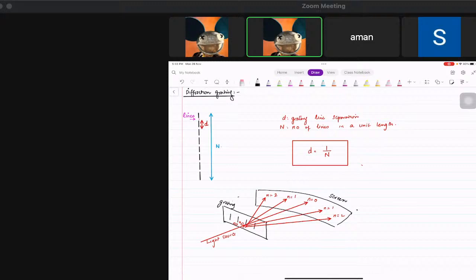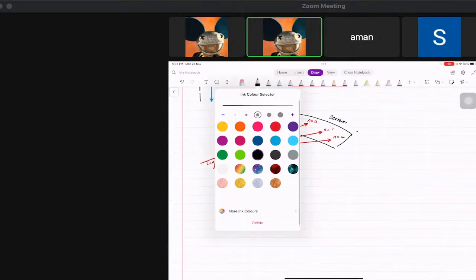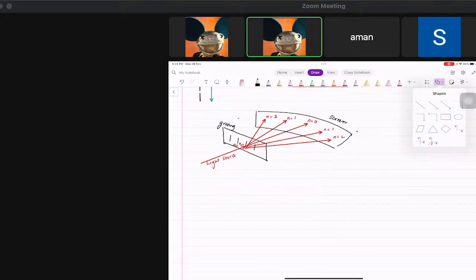Now, when you look at it in a 2D diagram from the top, basically what you see is that this is the grating line. Here you see the light. Always, it should be 90 degrees. And then the screen.